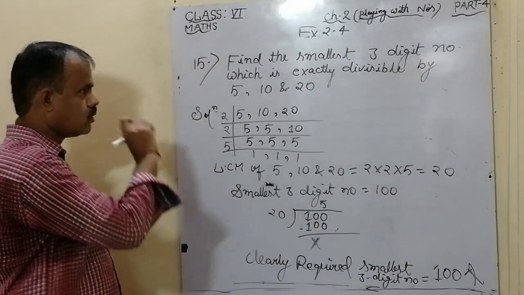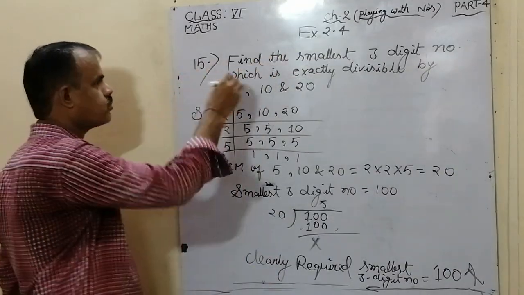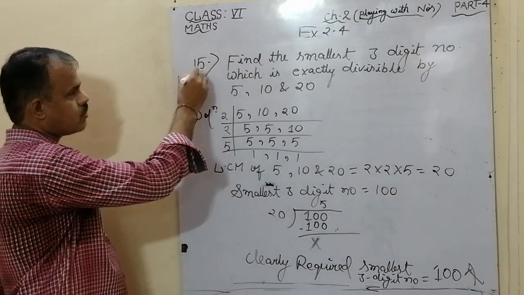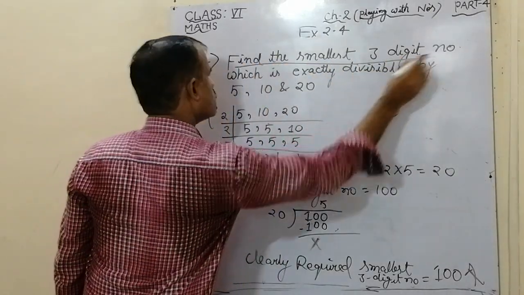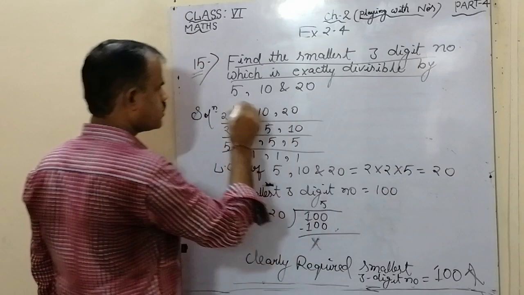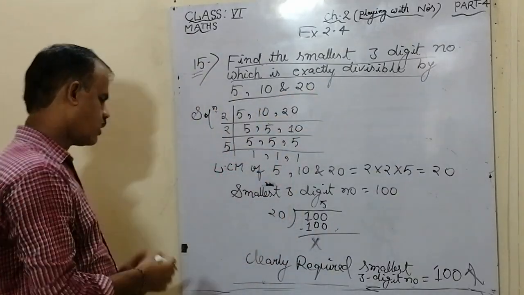Yes, student, last question, part 4. Question number 15. Find the smallest three-digit number which is exactly divisible by 5, 10 and 20.